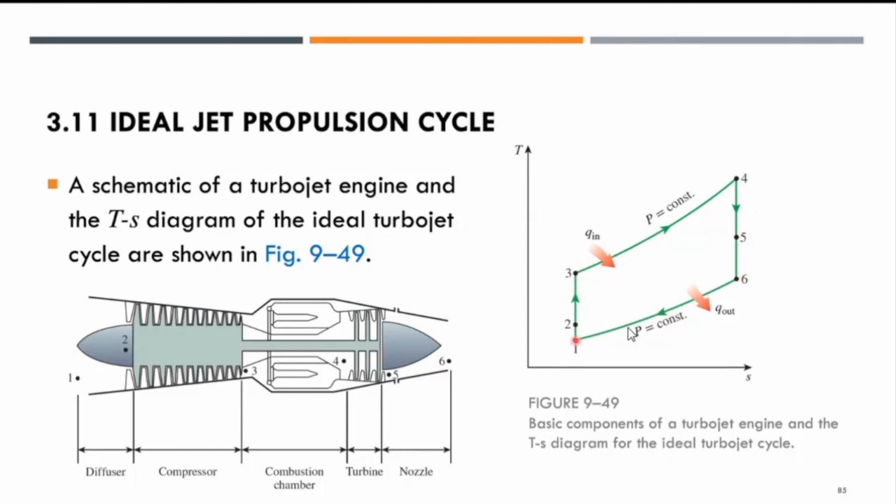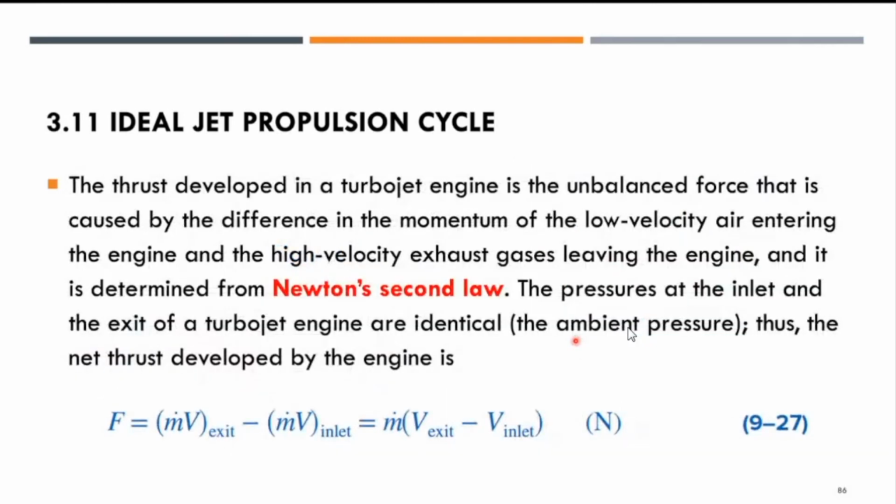Okay? So the thrust developed in a turbojet engine is the unbalanced force caused by the difference between the momentum of the low velocity air entering the inlet and the high velocity exhaust gases leaving the engine. And it is already determined by Newton's second law.